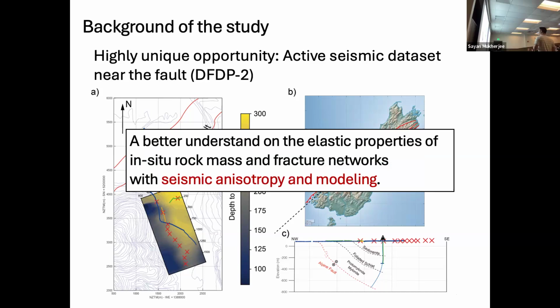Our goal with this dataset is to have a better understanding of the elastic properties of the in situ rock mass and this fracture network, through a very specific aspect of seismics called seismic anisotropy. It simply means that when a seismic wave propagates through a medium, it will travel at different velocities in different directions. By modeling this phenomenon, we are trying to better understand the elastic properties of this bedrock.